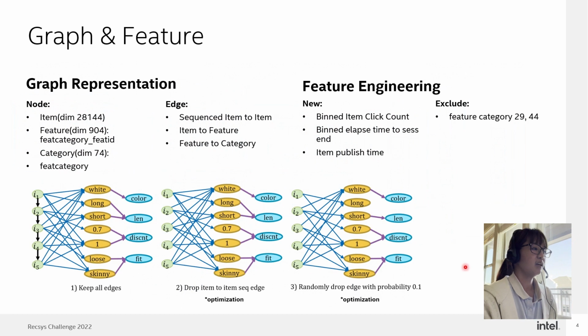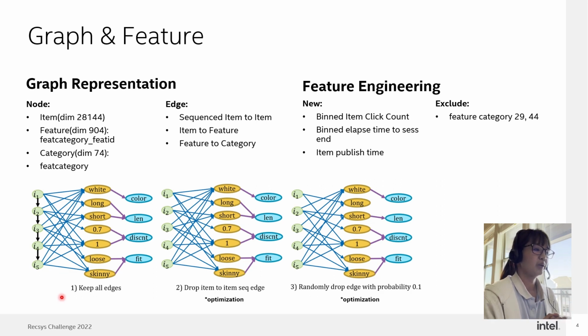As I mentioned, there are 4 key contributions to improve our score. The first one is the feature engineering work. You already know that there are 3 types of nodes and 3 types of edges in our graph. We were thinking that putting certain kinds of nodes into the graph may either contaminate or contribute to the final score.